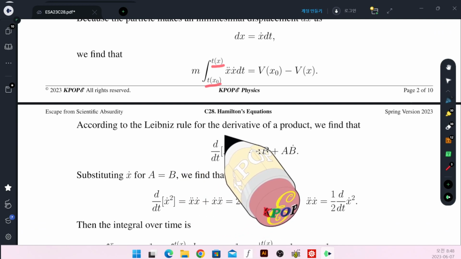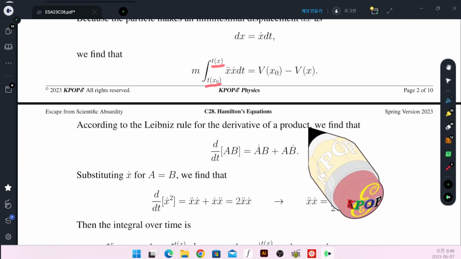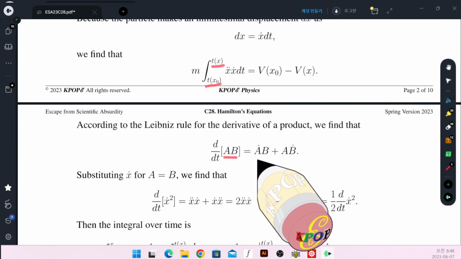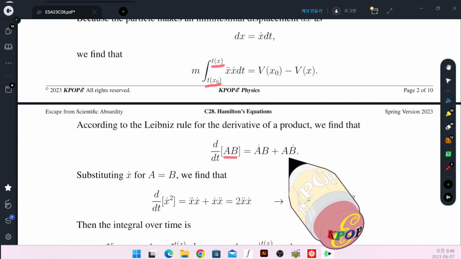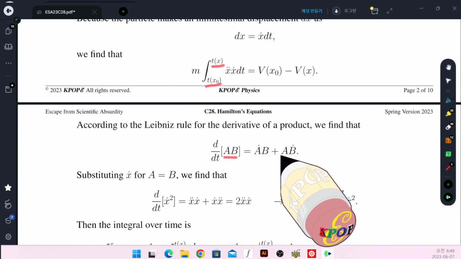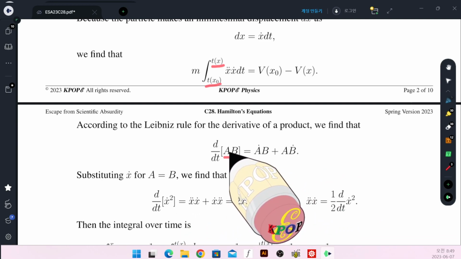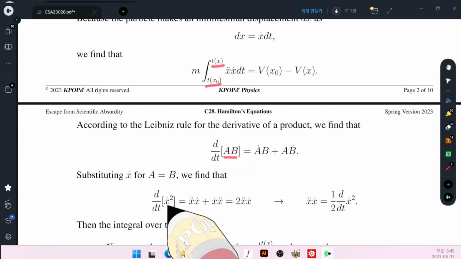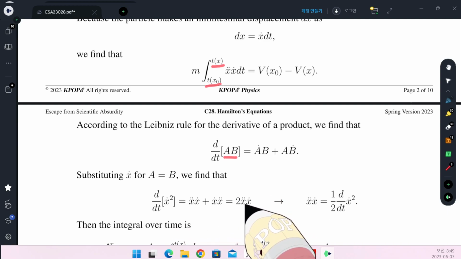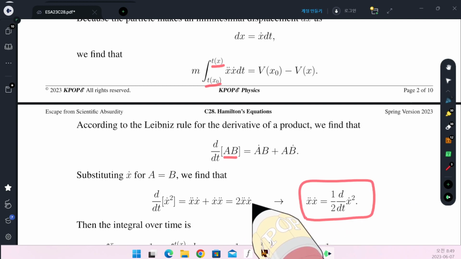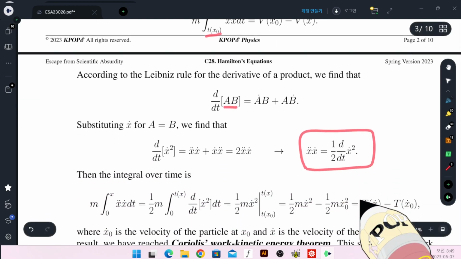According to the Leibniz rule for the derivative of a product, the derivative of a product is a dot b plus a b dot. We substitute for this x dot. This x dot squared is 2 times x double dot x dot. Therefore, x double dot multiplied by x dot is 1/2 the time derivative of velocity squared.